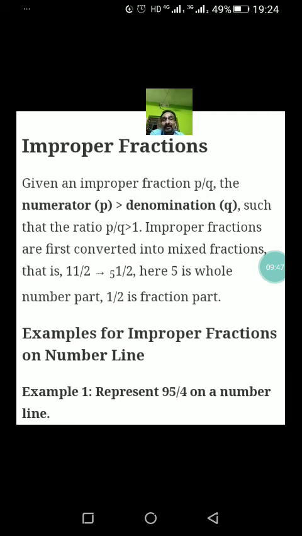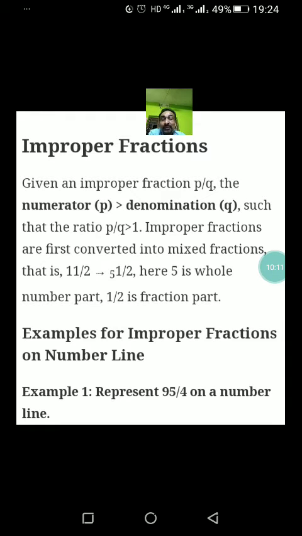We can say that in an improper fraction p by q, the numerator p is greater than denominator q, such that the ratio p by q is greater than 1. First of all, we have to convert the improper fraction into a mixed fraction.